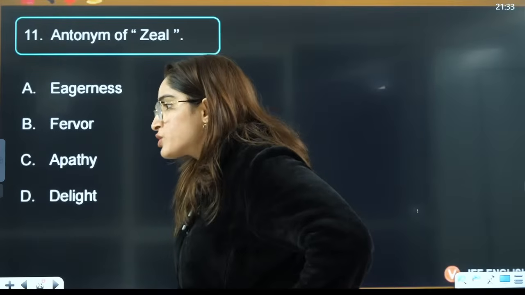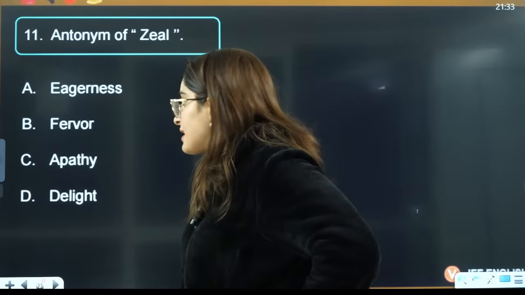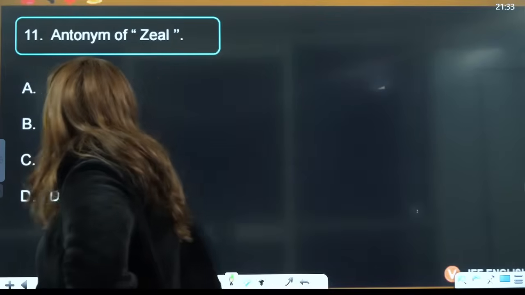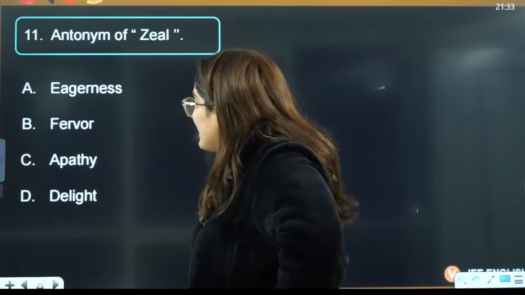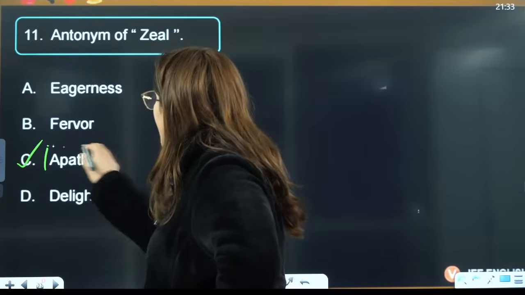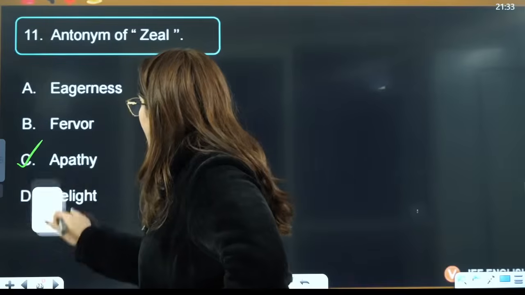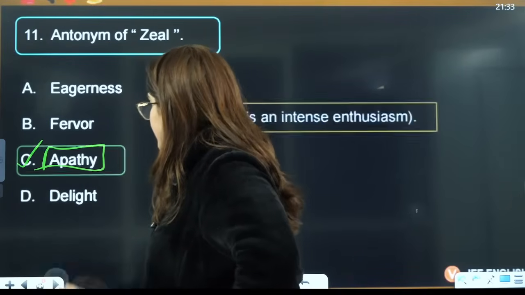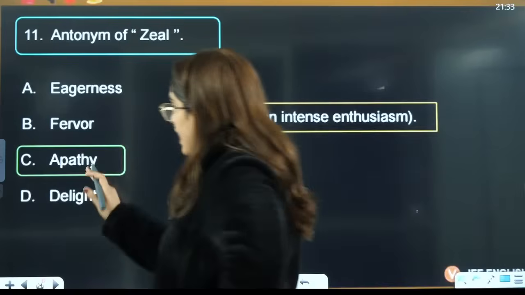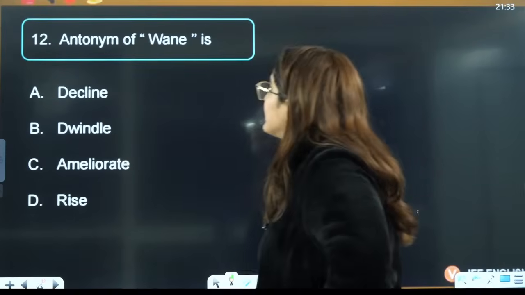Zeal to do something in life. Fervor is the same thing, eagerness is the same thing, delight is the same thing. Opposite of that is apathy. Zeal is intense enthusiasm, and apathy is the opposite of that.